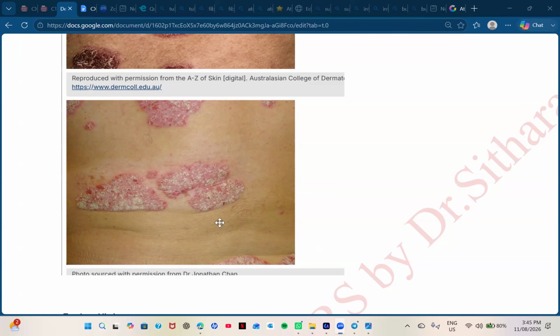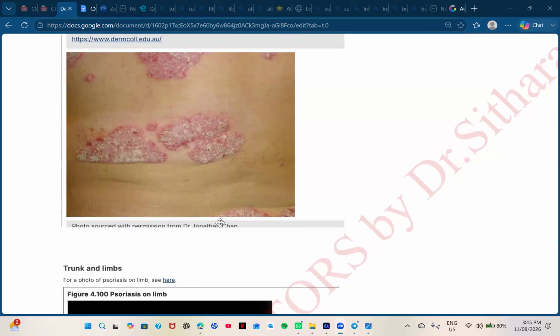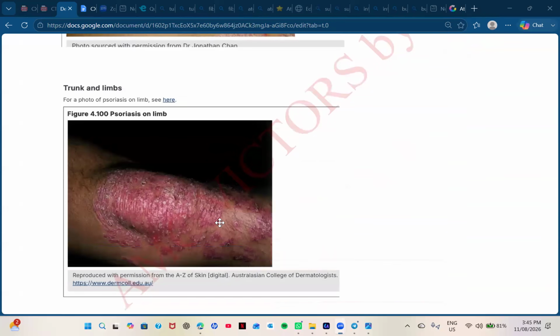We have different types: chronic plaque psoriasis, guttate psoriasis, flexural psoriasis, pustular psoriasis, scalp psoriasis, and many more. We also have psoriatic arthritis. Patients with psoriasis can present with arthritis: joint pain, swelling, morning stiffness, dactylitis, and back pain.